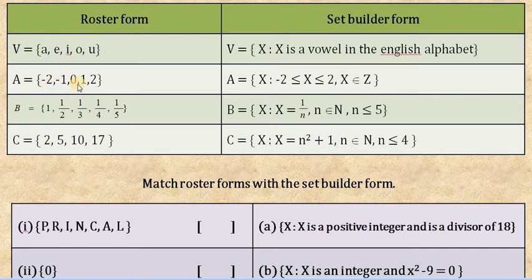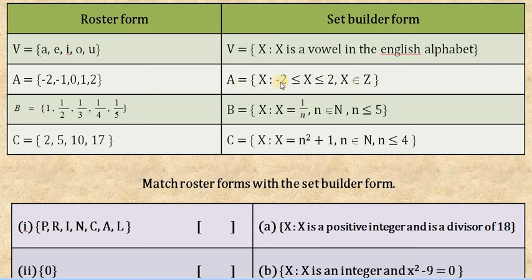It is -2 to 2. So A is equal to the set of all x such that -2 is less than or equal to x less than or equal to 2, comma, x belongs to Z. Why is it Z? Z represents integers. So x belongs to the integer set. Like this you can write.